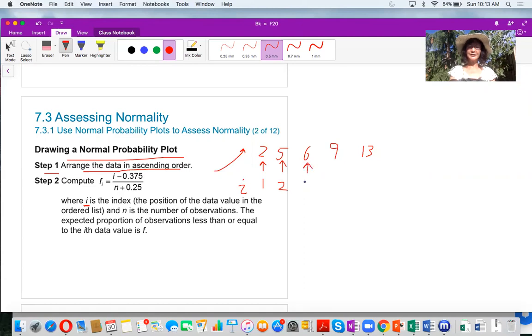So for number 6, i equals 3. Number 9, i equals 4. Number 13, i equals 5. So i is the index indicating the position of the data in the ordered list. n is the sample size. In this case, 1, 2, 3, 4, 5, n equals 5.